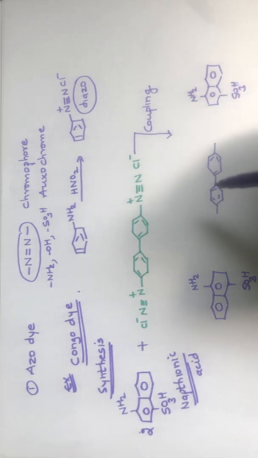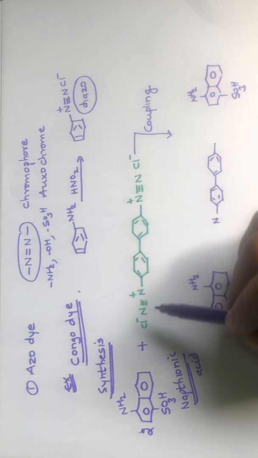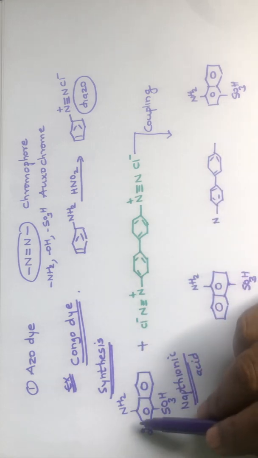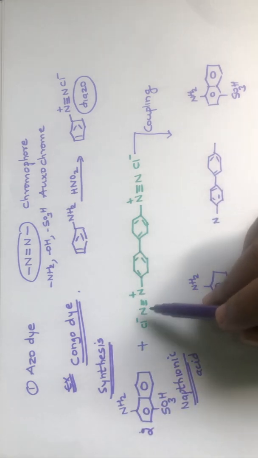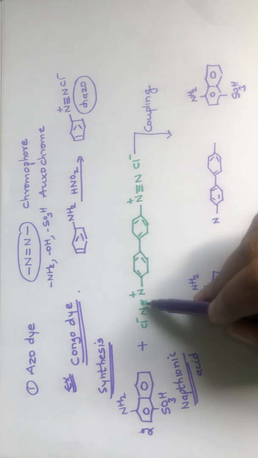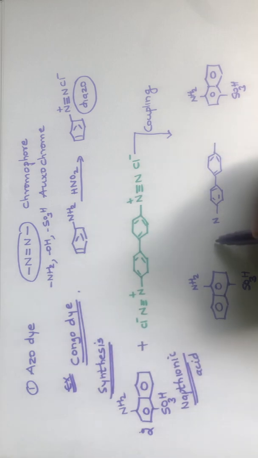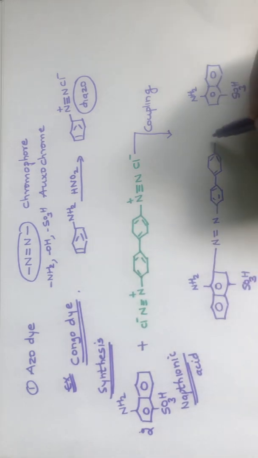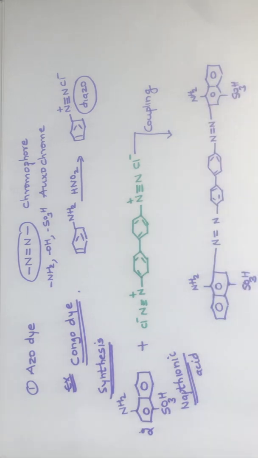So two naphthenic molecules, and this nitrogen will attack this position. There are two nitrogens, so the triple bond will get converted into a double bond. So you have N double bond N, the nitrogen attacking here, N double bond N and the nitrogen attacking here.